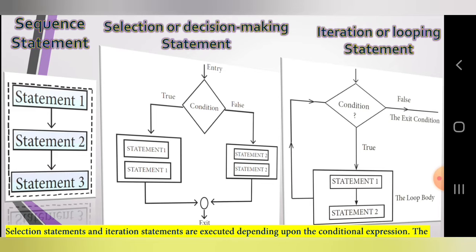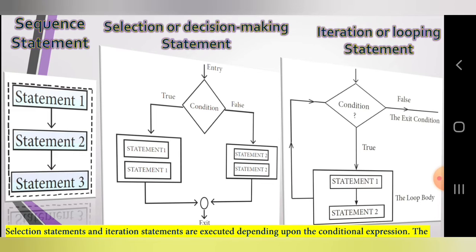Iteration or looping statement. Iteration or looping means we are repeating some set of statements again and again. Here also we are checking the condition first. When the condition is true, the set of statements, that is the loop body, is repeated the number of times you specified.